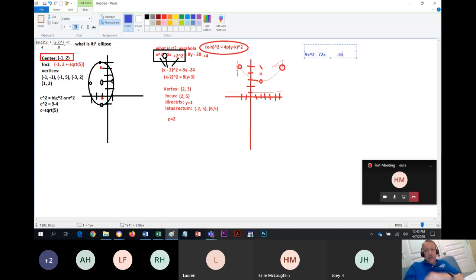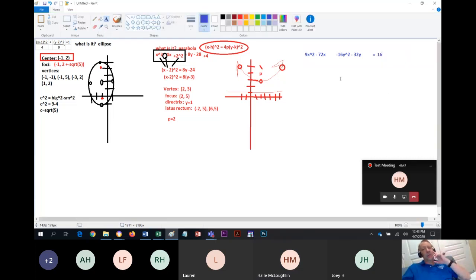Minus 16y squared minus 32y. I need to make sure this is all in one line. I'll put another big gap here. Equals 16.